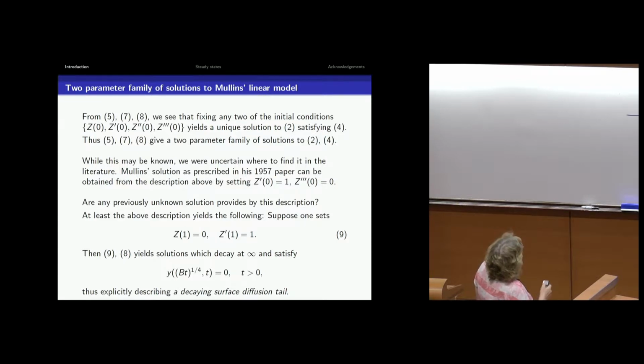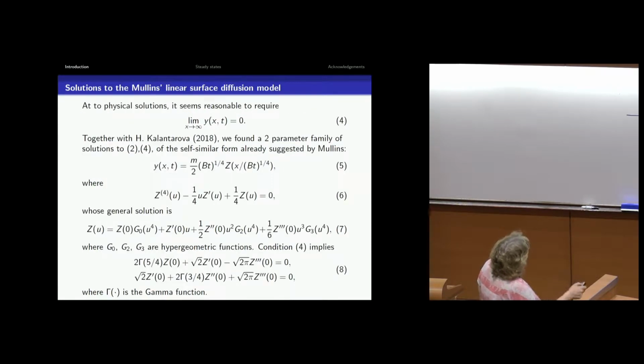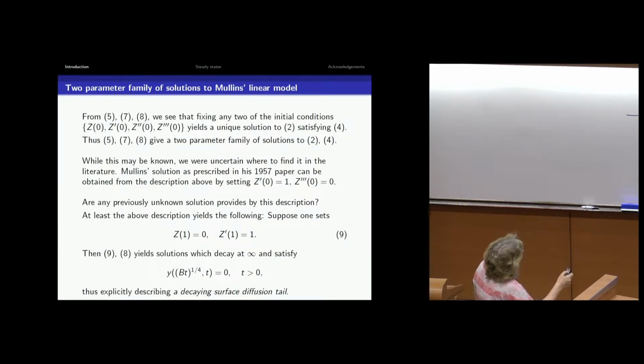And then by looking at these equations a little bit, we can see that by fixing any 2 of Z at 0, Z prime, Z double prime, Z triple prime, you get a unique solution which goes to 0 at infinity. We were thinking this is probably very well known.